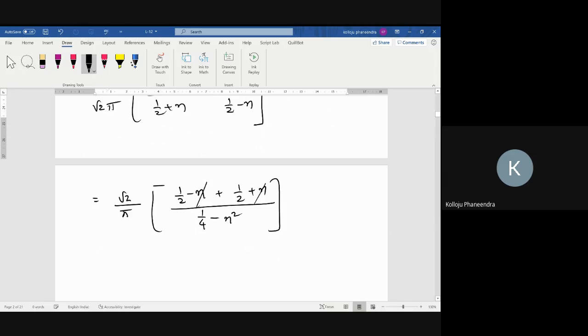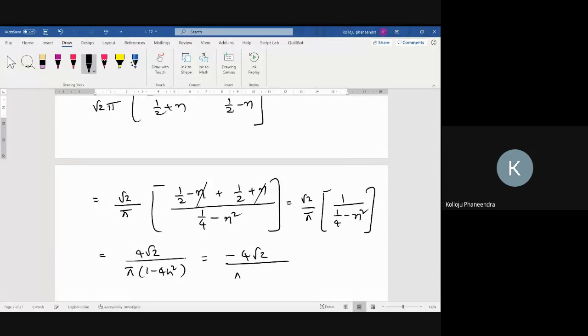Now this gets cancelled. So this result is root 2 by pi, 1 by 2 plus 1 by 2, 1, over 1 by 4 minus n square. So I will write this, take 4 LCM, as 4 root 2 by pi into (1 minus 4n square). Again, I will write this as minus 4 root 2 by pi into (4n square minus 1).